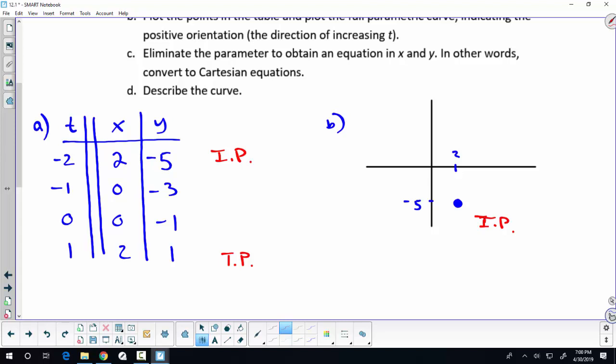Then we go to the point 0, -3, somewhere there. 0, -1, here. And 2, 1, right there. I'm going to skip that one down a little.